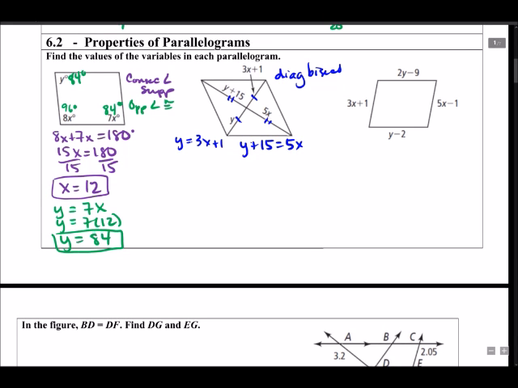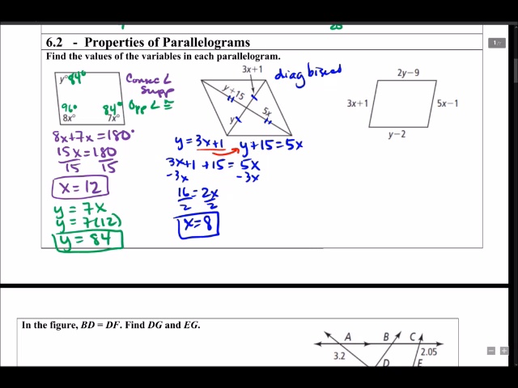This y, I know that y equals 3x plus 1, so I'm just going to put that in for y. So 3x plus 1 plus 15 equals 5x. And then subtract 3x from both sides. So 16 equals 2x divided by 2. And x equals 8.